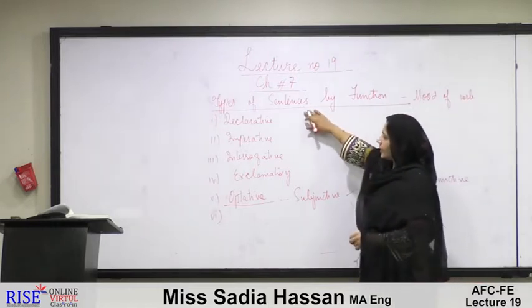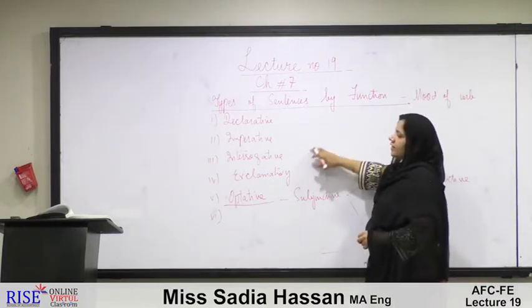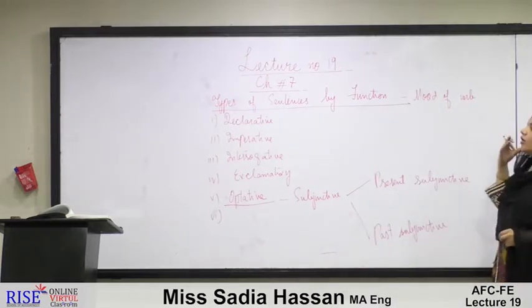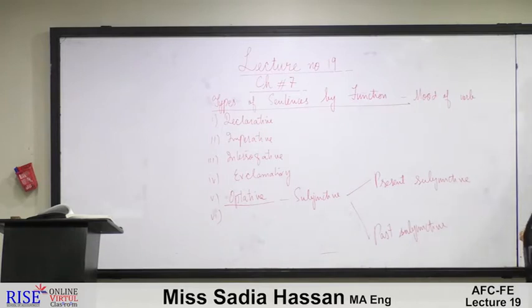Actually, all these functional kinds of sentences also represent the different moods of verbs. For example, if a declarative sentence is there, what do we mean by declarative? By declarative, we mean that whenever we declare information, we declare our feelings, we express our emotions, that is called a declarative sentence.